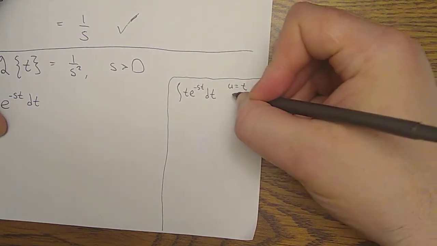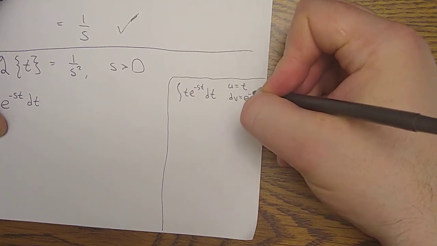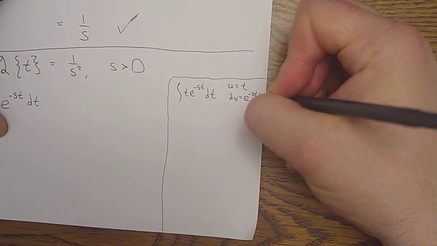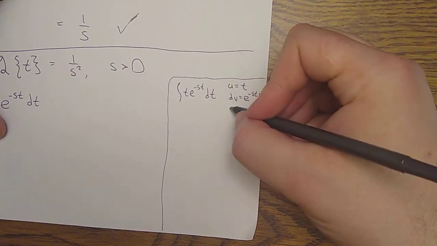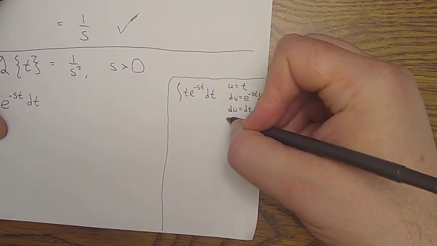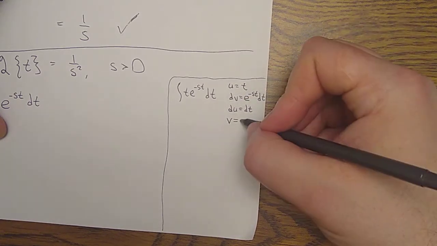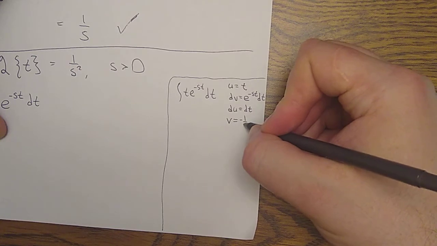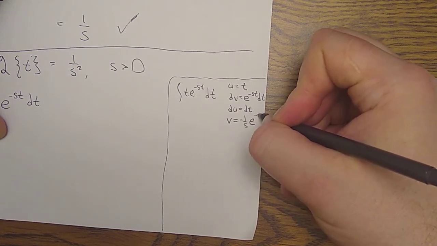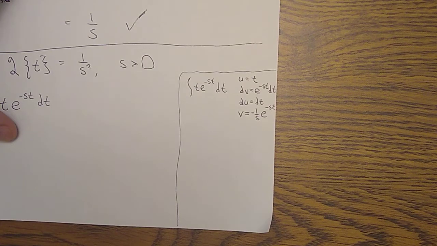u should be t, dv would be e to the negative st dt. du is just dt. And v, the antiderivative of this is, we did this before, negative 1 over s e to the negative st. Right?